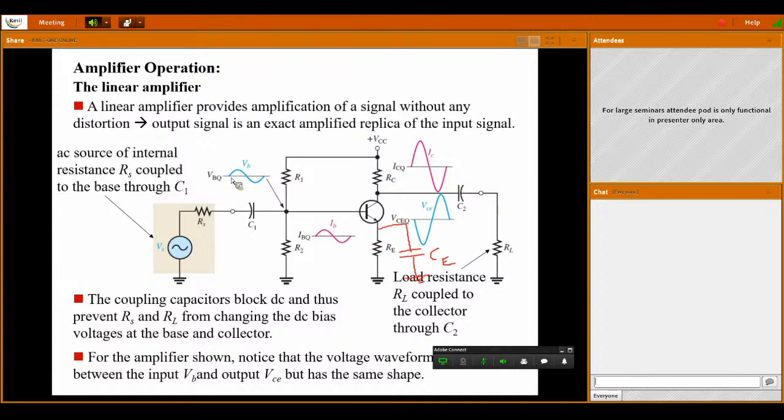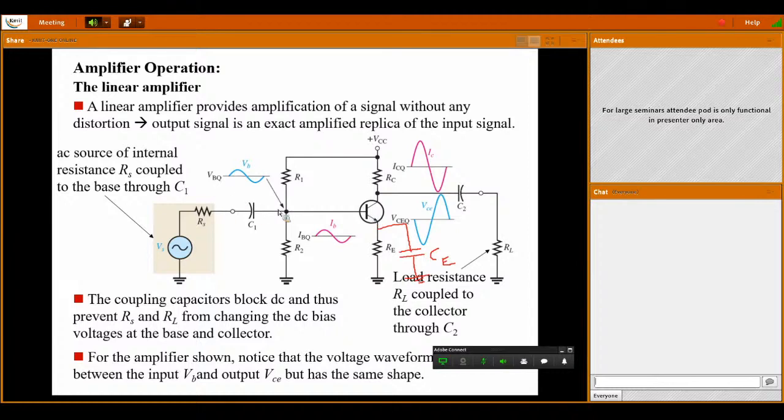VB is the AC signal voltage, where VBQ is the DC operating voltage at the base of the transistor due to VCC. On this DC level, the input is superimposed and applied at the base of the transistor.